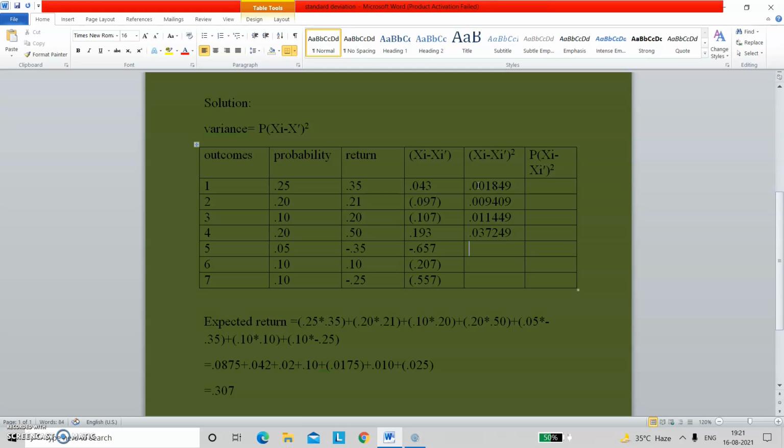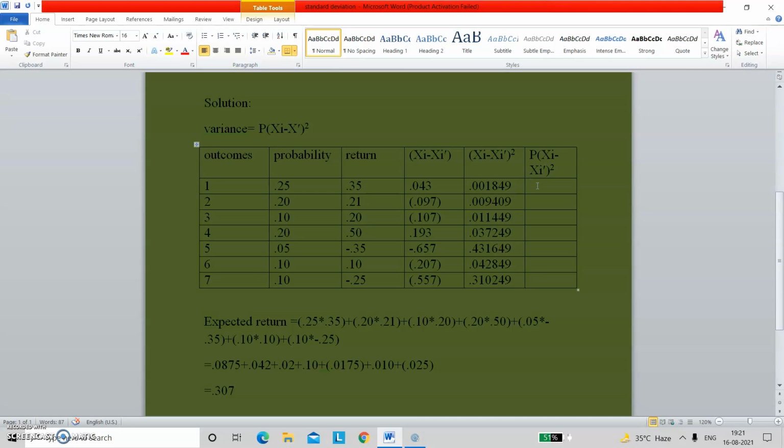Then you can round off, but for more clarity I am not rounding it off right now. 0.657 into 0.657 is 0.431649. Then 0.207 into 0.207 is 0.042849. And last, 0.557 into 0.557 is 0.310249. Right? So here you can see that it has come to a lot of decimals.